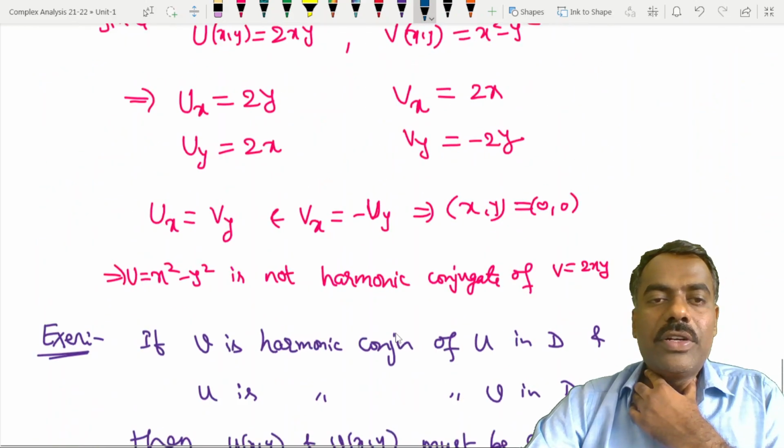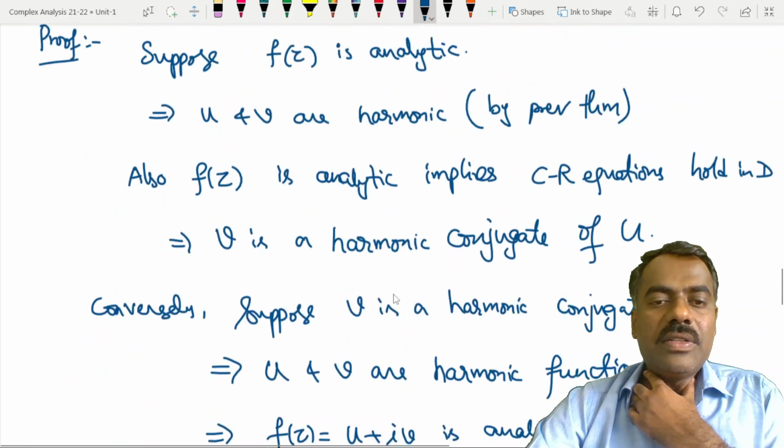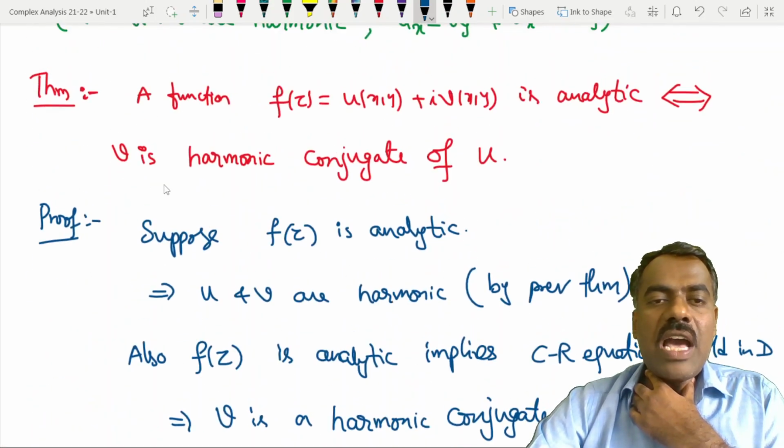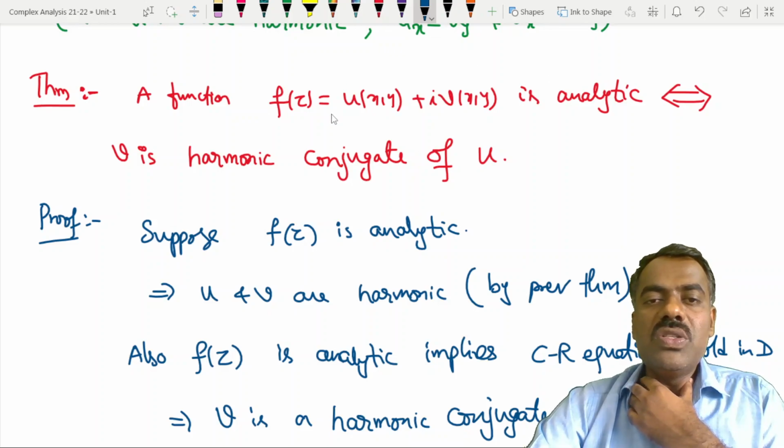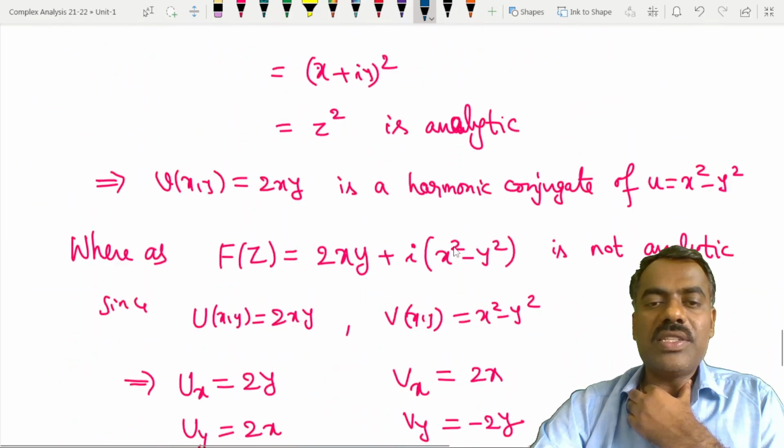Then what do we know by the previous result? If v is a harmonic conjugate of u, then f, which is u(x,y) + i v(x,y), is analytic. Yes or no?